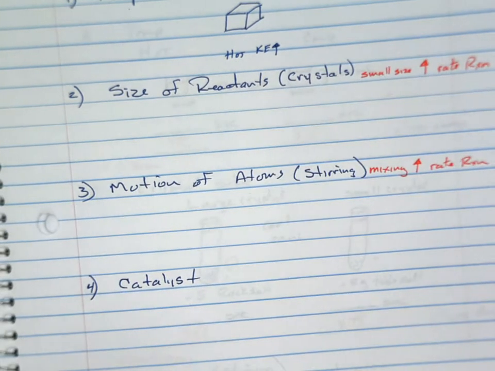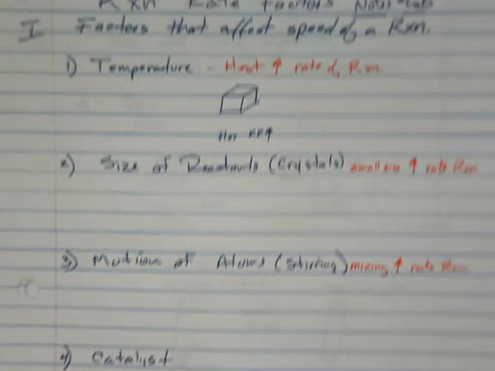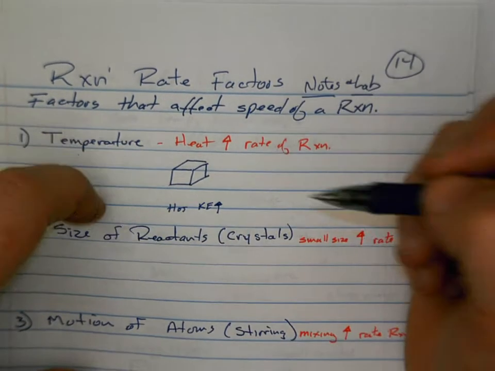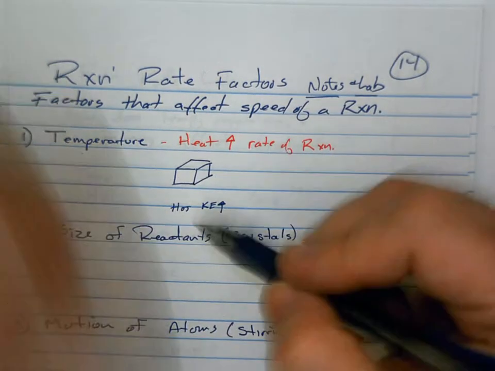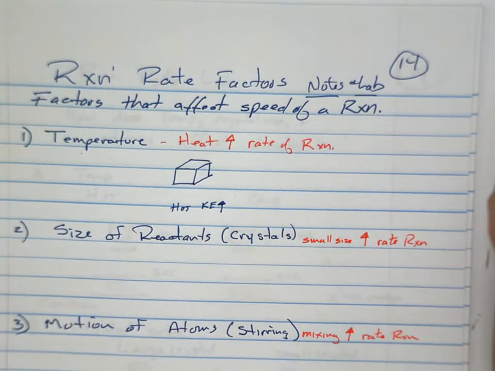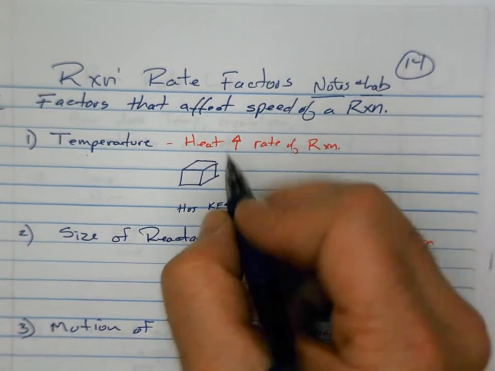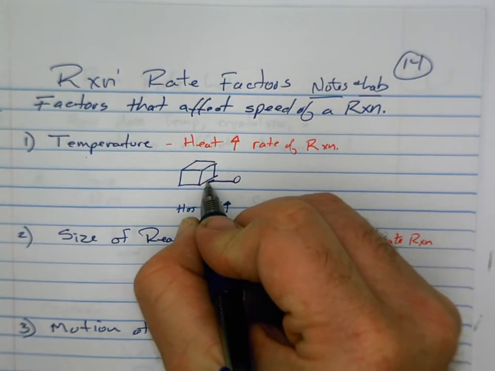It's a measure of kinetic energy, the motion of the molecules. Okay. So we've drew this cube. So what happens is, when the material is hot, the water particles, the solvent, whatever it's in, they are moving really fast.